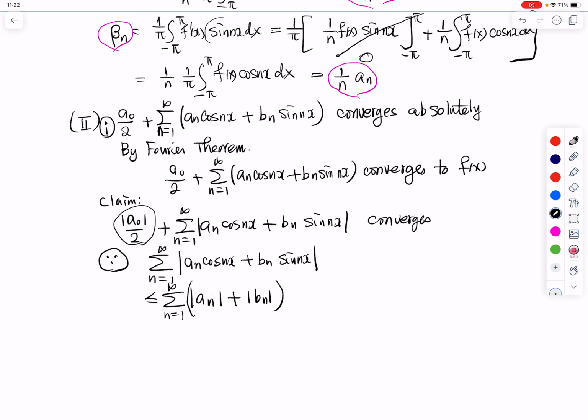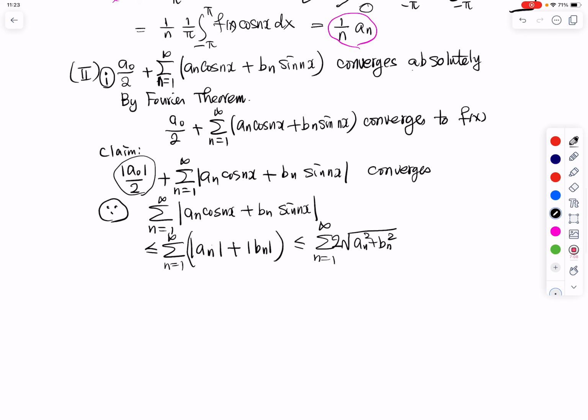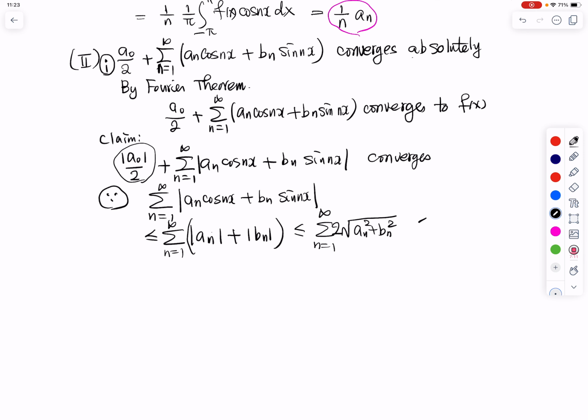And each term is less than square root of a_n squared plus b_n squared, and then you take twice of this, and this is exactly 2 times the summation n from 1 to infinity of square root of a_n squared plus b_n squared.